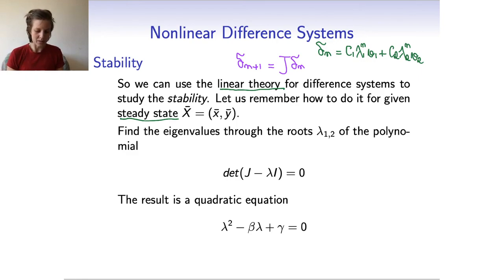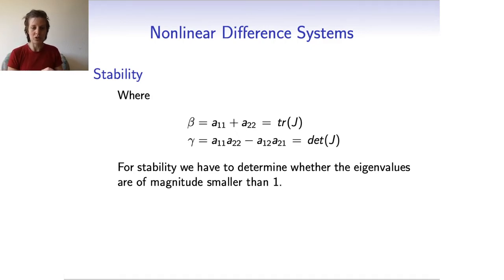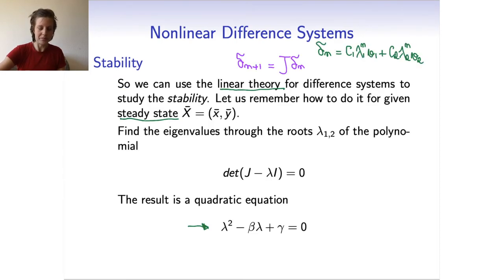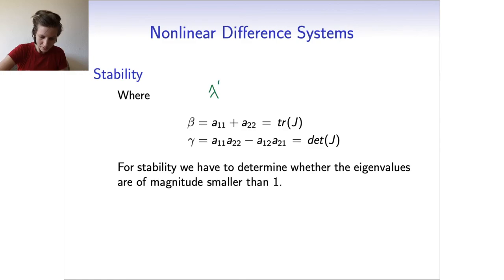The result will be a quadratic equation: lambda squared minus beta lambda plus gamma equals 0. That's our characteristic polynomial, in which beta is the trace of the Jacobian matrix and gamma is the determinant of the Jacobian matrix.